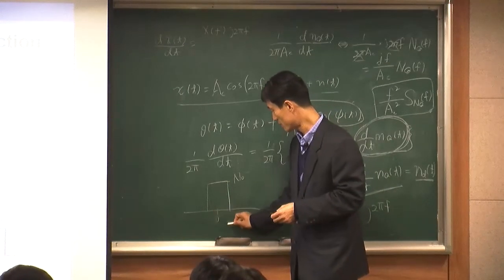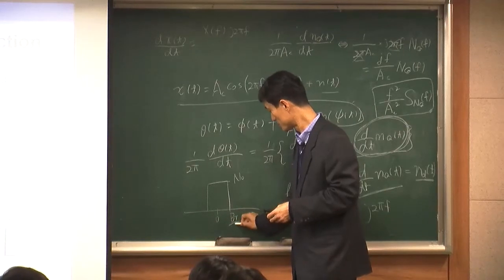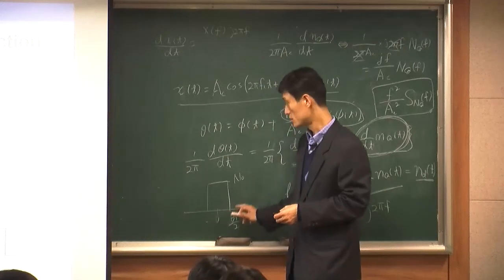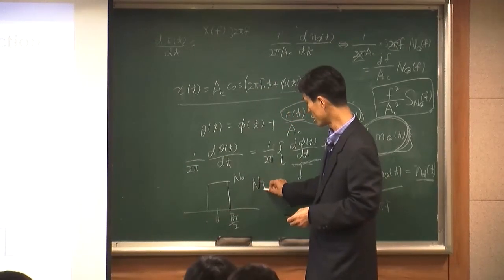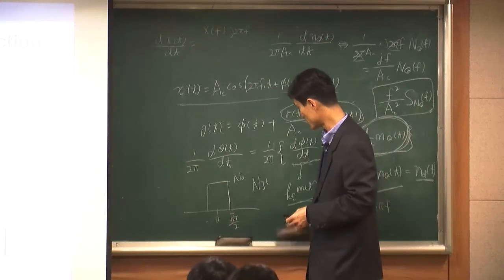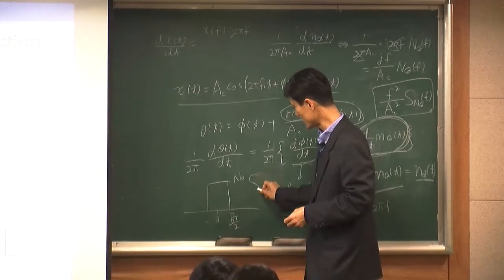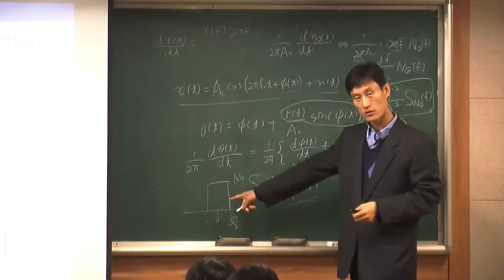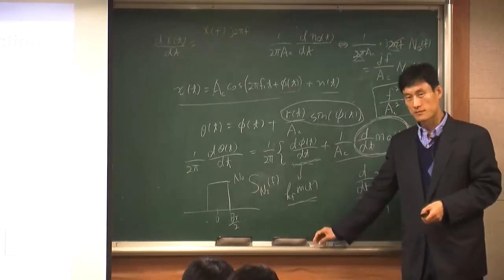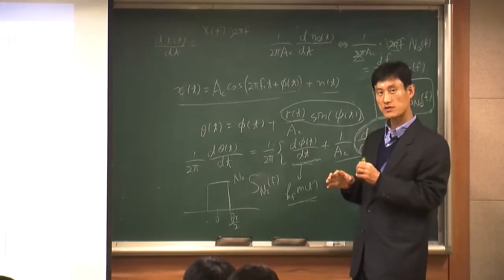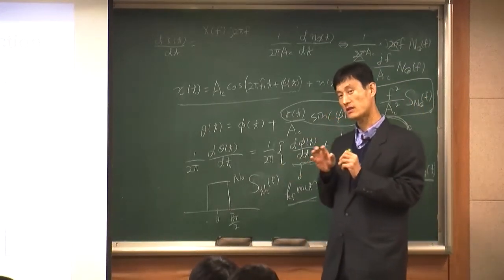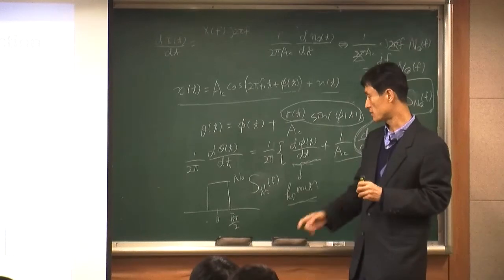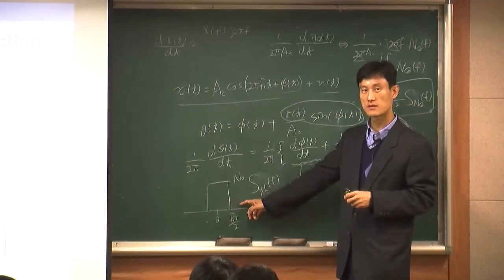This is B_T over 2, and this is minus B_T over 2. So this is the power spectral density of n_i(t), which we can write as S_ni(f). So in AM, the power spectral density of your noise at the output of the demodulation looks like this, flat.